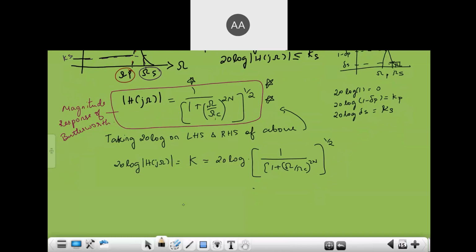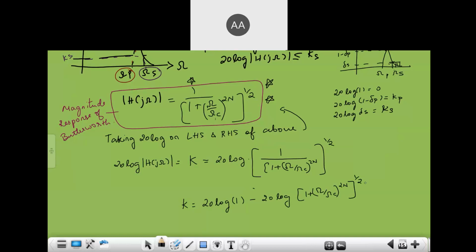How do you write this? So k is equal to 20 log of 1 minus 20 log of the denominator term, that is 1 plus (omega by omega c) whole thing to the power 2n, whole thing to the power 1 by 2.